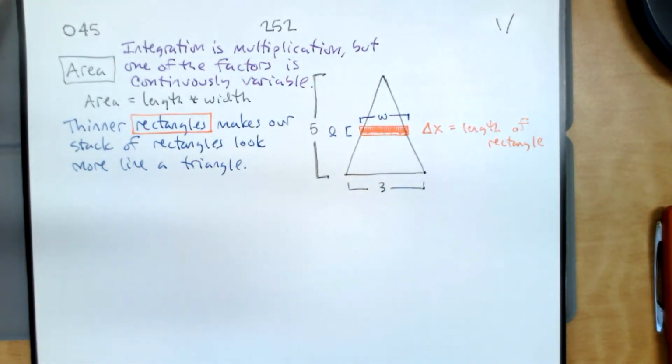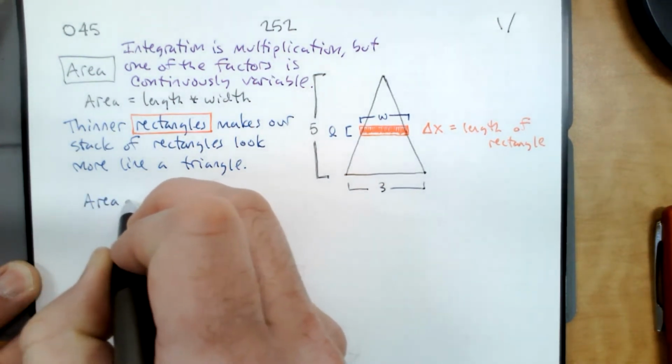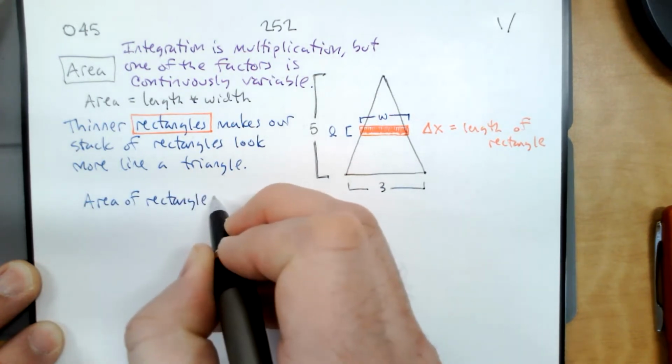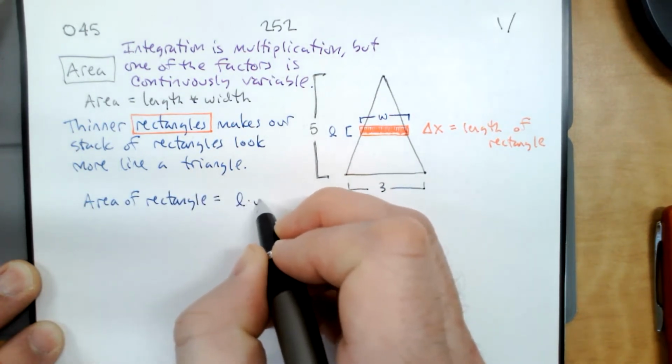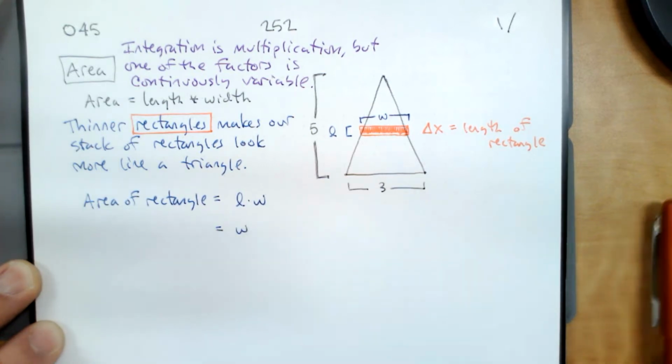So the area of that one rectangle is length times width. The length is going to be my delta x.